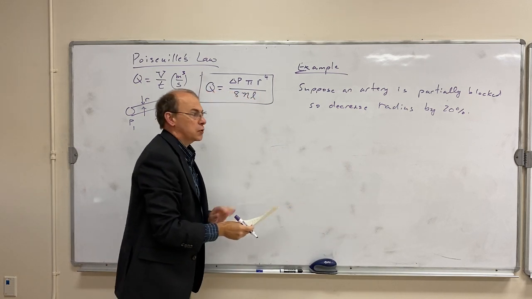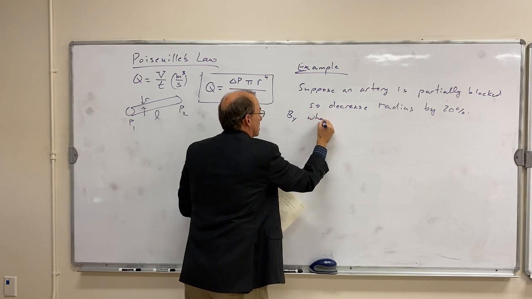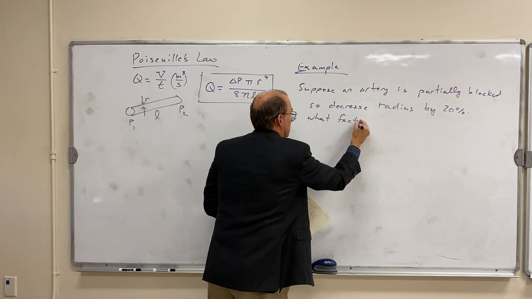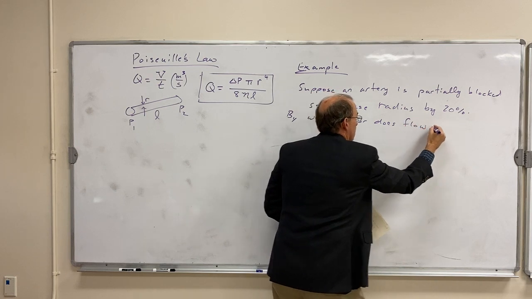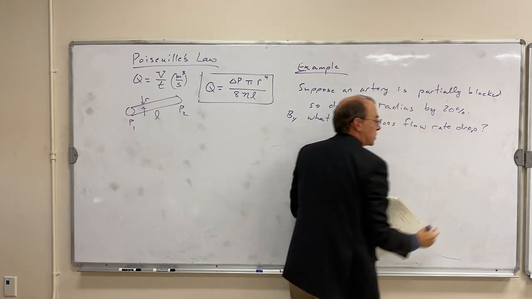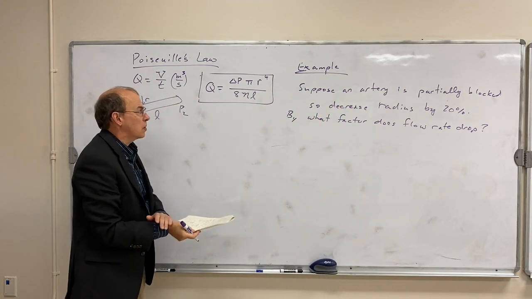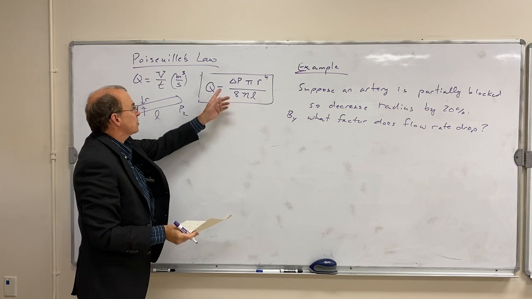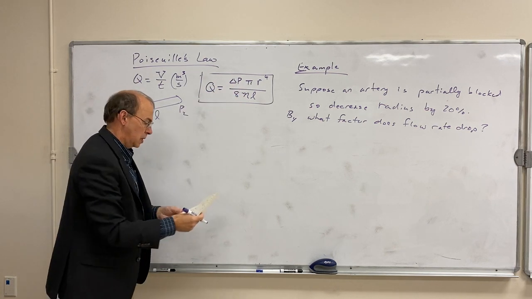By what factor does the flow rate drop? So I'm going to assume that your heart manages to keep everything else the same. Certainly the length of the artery doesn't change. I'm going to assume that your heart manages to work harder to keep the pressure difference the same.